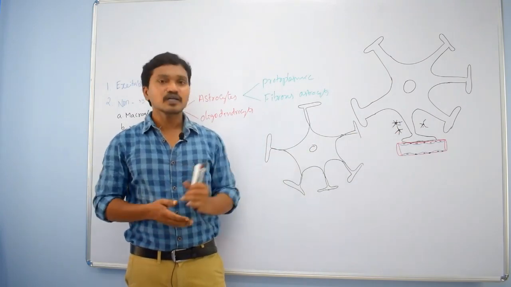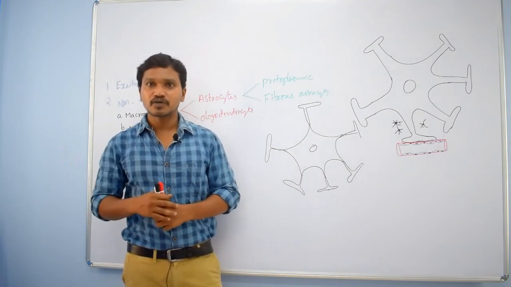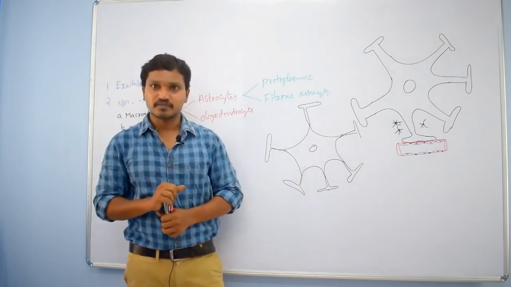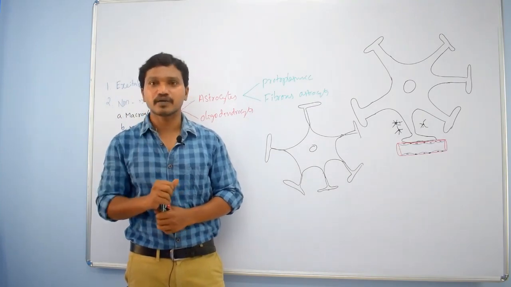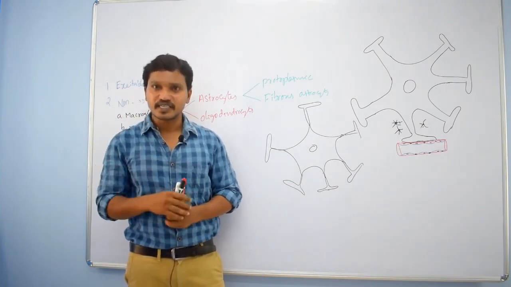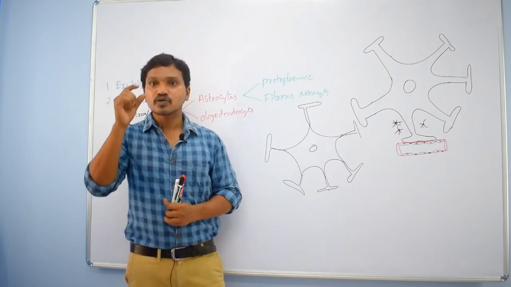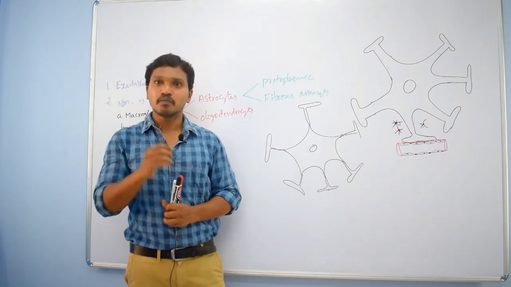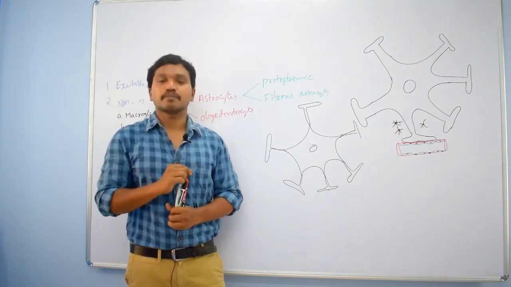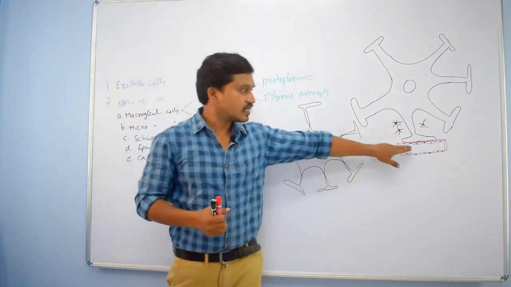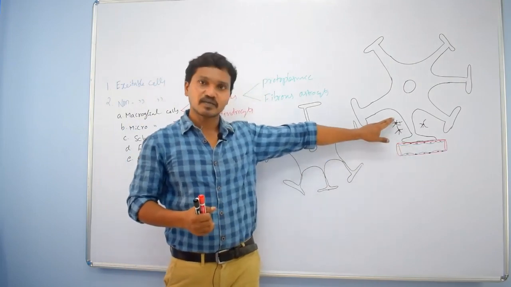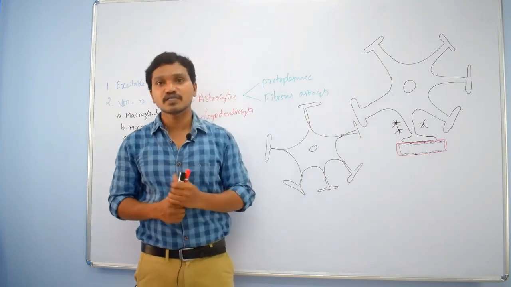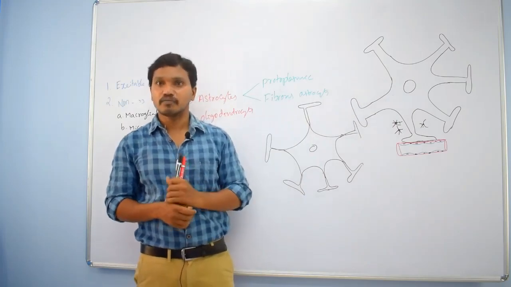Clear? And clinically you must have observed that Rh incompatibility leads to fetal jaundice, is it or not? In that condition, bile pigments can easily traverse this blood-brain barrier and damage the basal ganglia of the brain tissue.